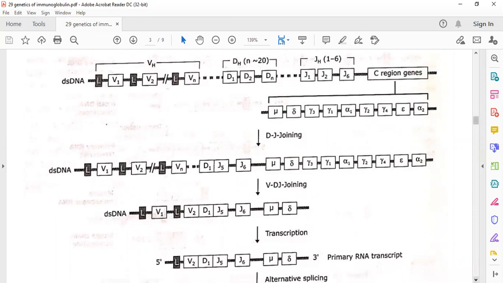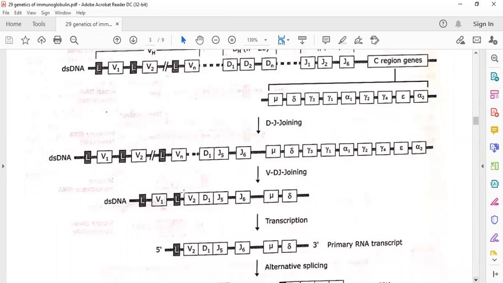If we talk about the DJ joining, first the joining will be made between the D and the J. Suppose here D1 is selected and J5 is selected.